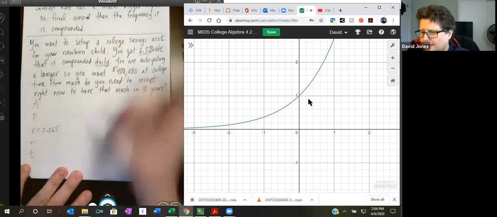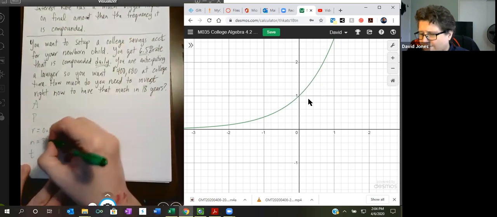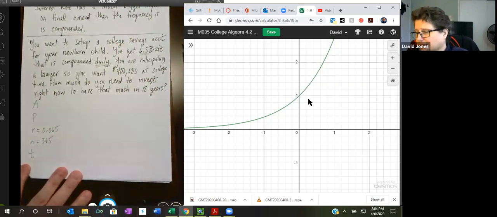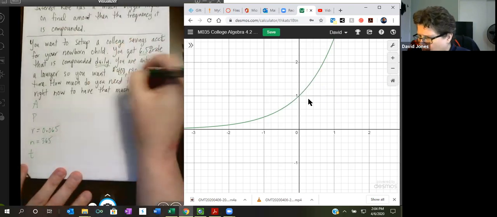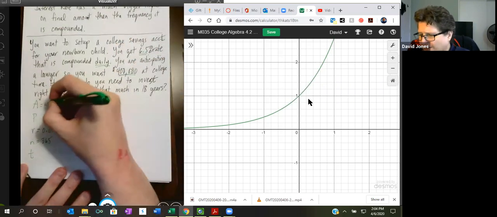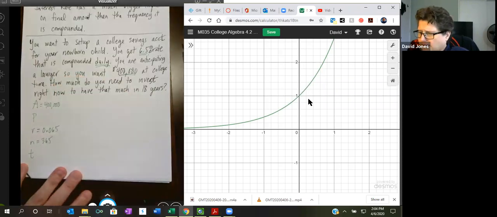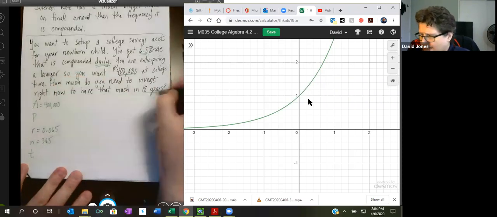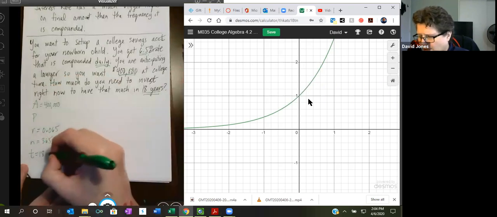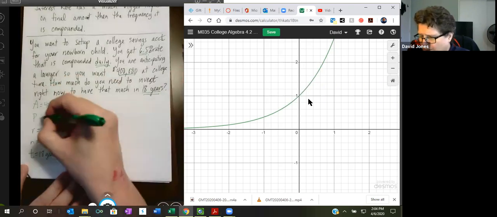Compounded daily, there are 365 days in a year. Let's ignore the fact that there's a leap year every 4 years. You want to end up with 400,000. That's our final value. And we want that in 18 years. Our variable here is P.